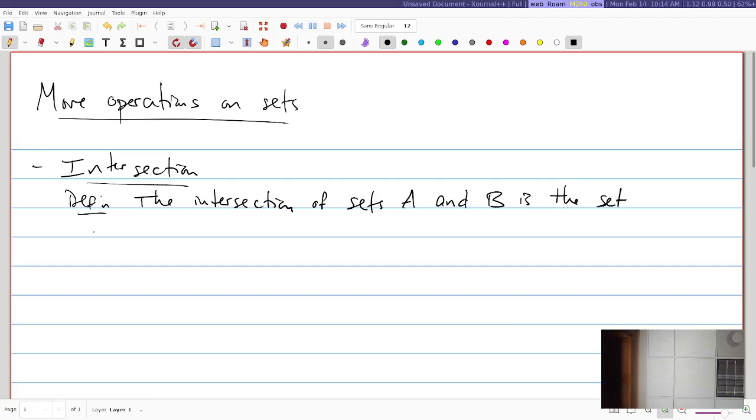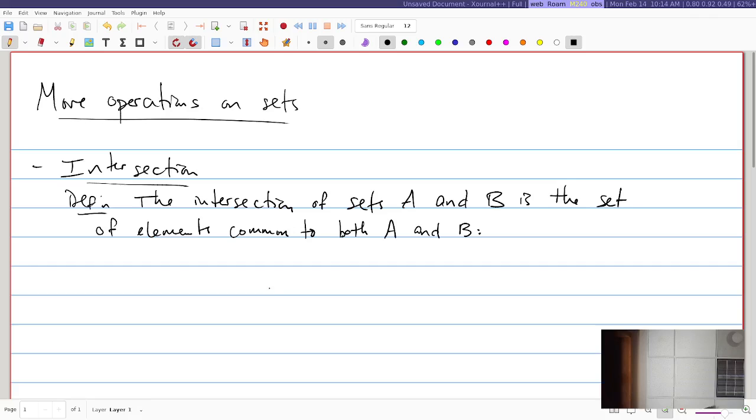So it's the set of elements common to both A and B. That's kind of the way to define it in English.